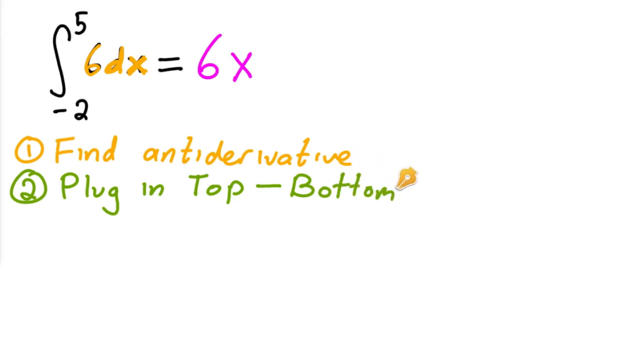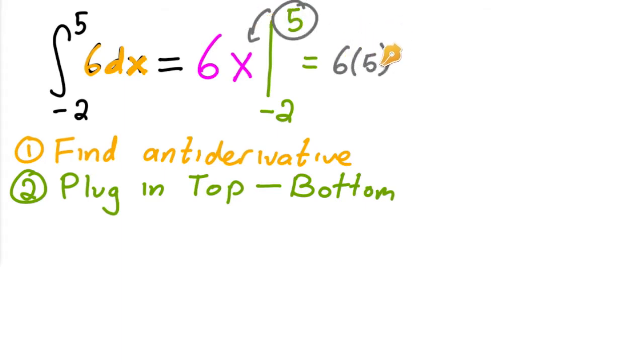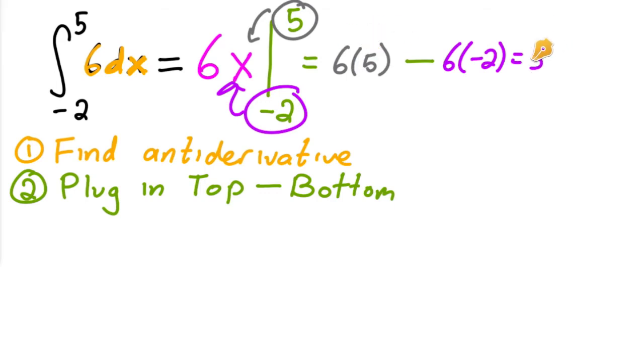So the notation is you put a vertical line and then you put the numbers just like you see them here, -2 and 5, and then you plug in the top, so that would give you 6 times 5, and then minus, you're going to plug in the bottom. So that's going to be 6 times -2. And so you find out what that is. So that's just 30, and then plus 12. So this is equal to 42.